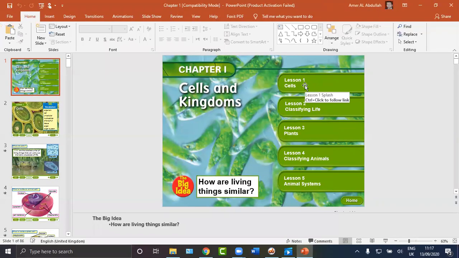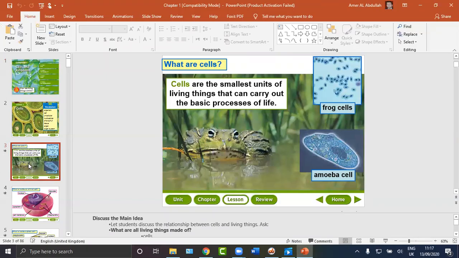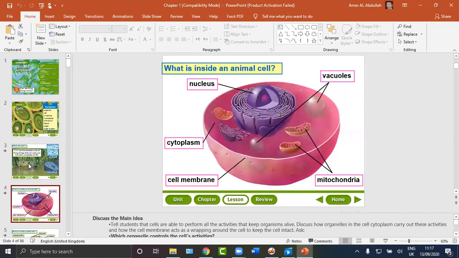Lesson 1, we know lesson 1. Cells, quick revision for the previous lesson. Cells are the smallest unit of living things that can carry out the basic processes of life. What's inside animal cells?